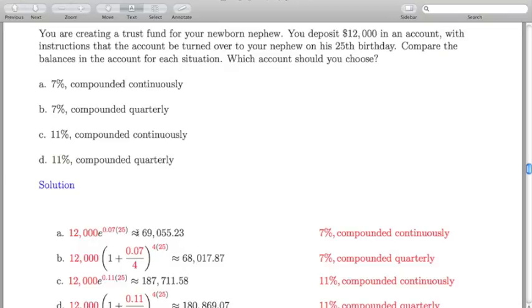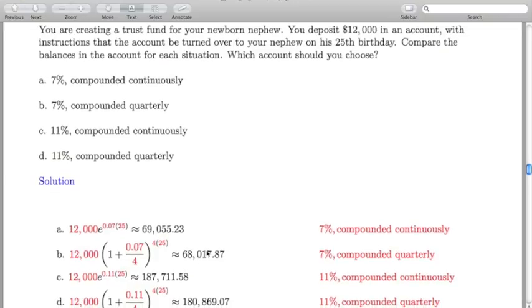So with an initial deposit of $12,000 at a rate of 7% after 25 years compounded continuously, the amount would be the $69,000 you see here. With part B, if it's 7% compounded quarterly, again with an initial deposit of $12,000 at a rate of 7% compounded 4 times a year for 25 years, you're going to get $68,000. Okay.